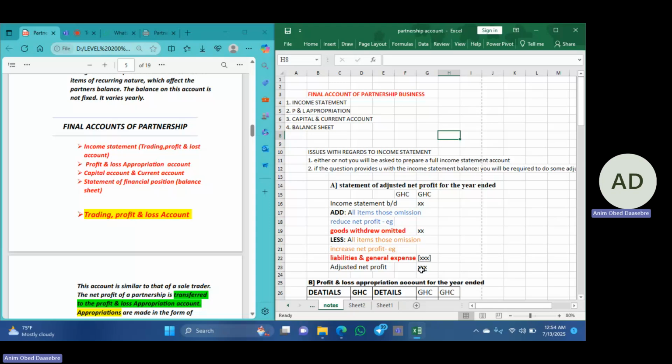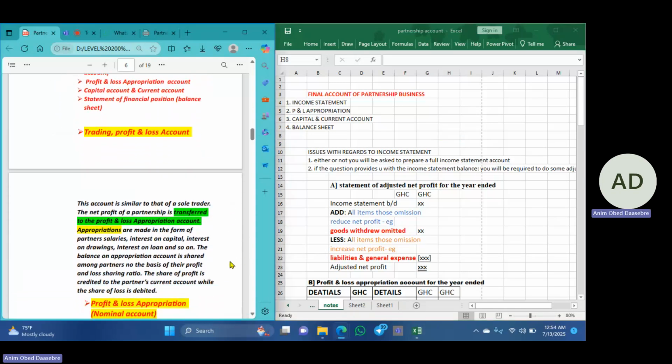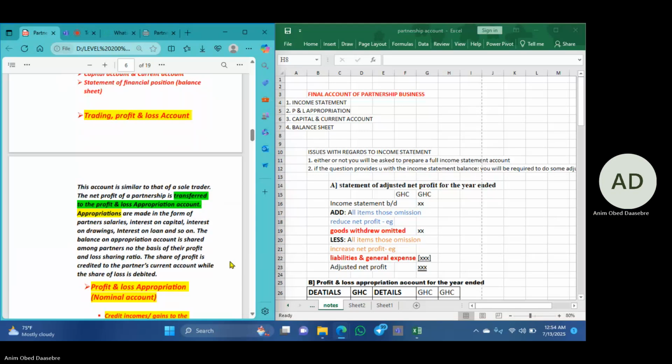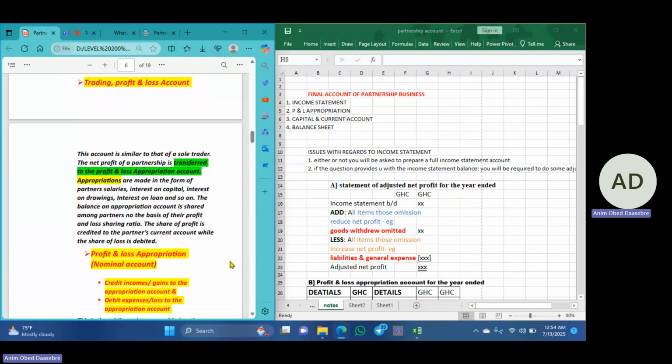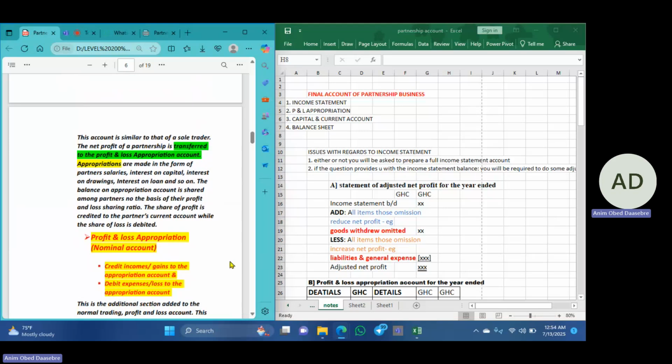This profit and loss appropriation account is an additional section to the income statement that is used to share the profit of the firm among the partners involved in that business. Please, are you here?